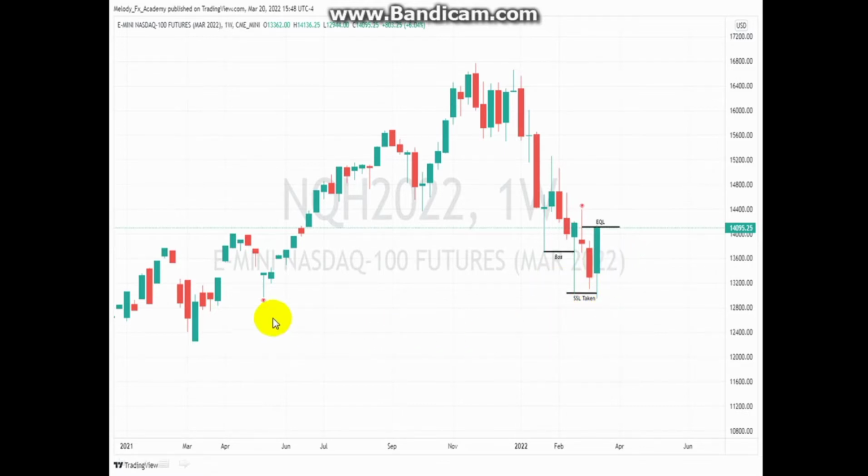I was also looking at this low to be taken out as well, but it seems price created equal lows. But we have this old low taken out right here, which caused the reversal on this weekly candle.